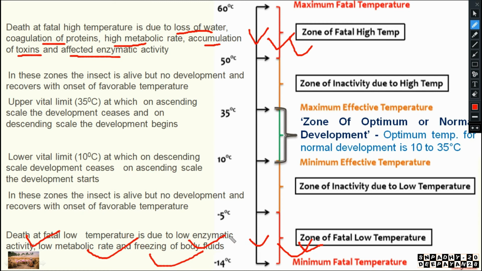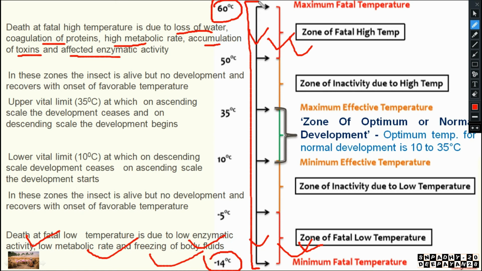Now coming to the two extremes, that is 60 degrees centigrade and -14 degrees centigrade. That means this is the broader range beyond which no existence will be there. No insect can exist at all. If that is the maximum temperature, that is 60, it is known as the maximum fatal temperature.